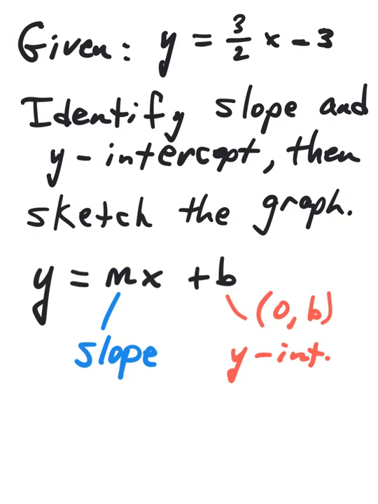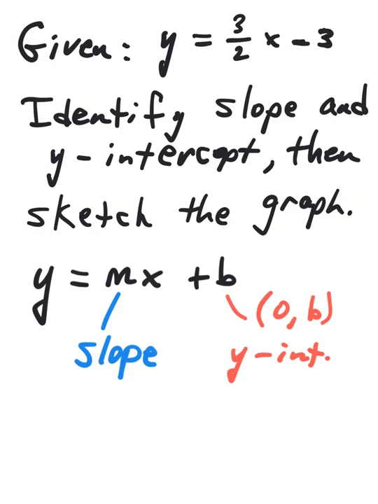So let's go back to our problem. We have y equals 3/2 x minus 3. Anytime you can get your equation to say y equals, the x term will contain your slope, and the constant will be your y-intercept.